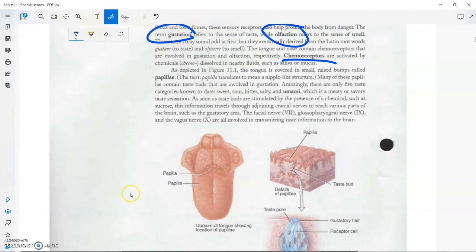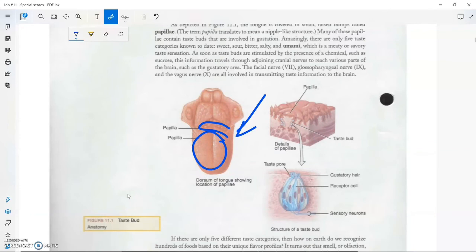Your tongue has a lot of papillae. There are different papillae: fungiform papillae, vallate papillae, filiform papillae. And inside of these papillae are multiple taste buds.